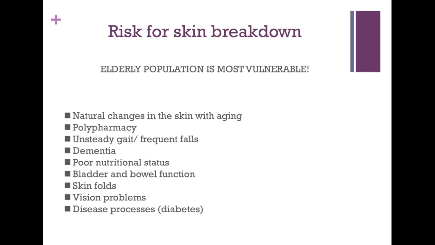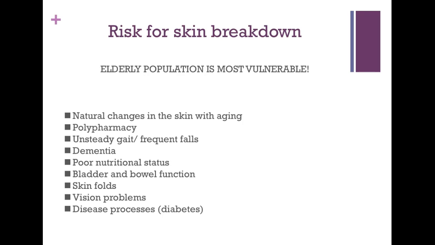Bladder and bowel function refers to whether or not they're incontinent. So somebody who is in contact with feces on their skin or who is incontinent of urine will certainly be at a higher risk for skin breakdown. Skin folds: whether somebody's obese or not, the skin tends to have more crevices than it did when it was younger, so that can harbor fungal infections and moisture.